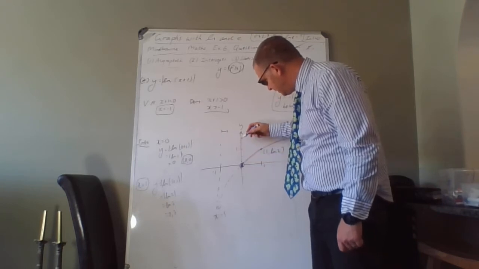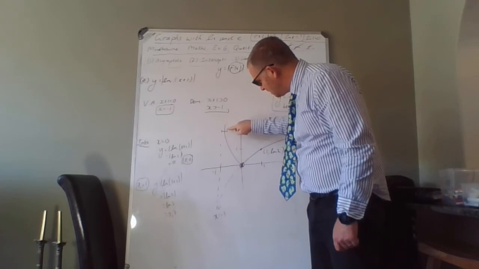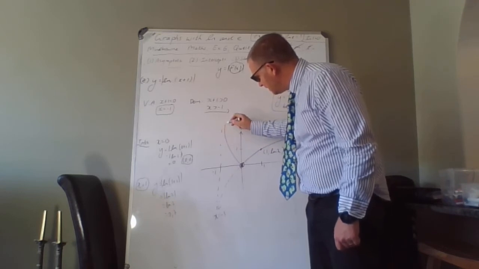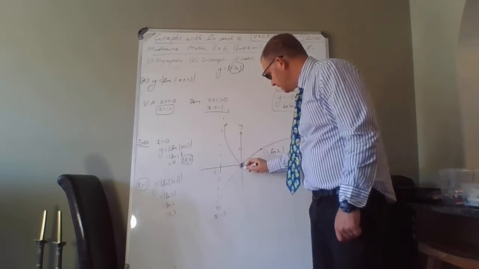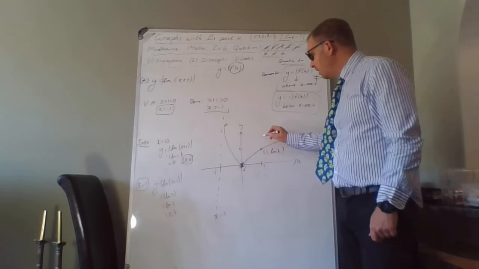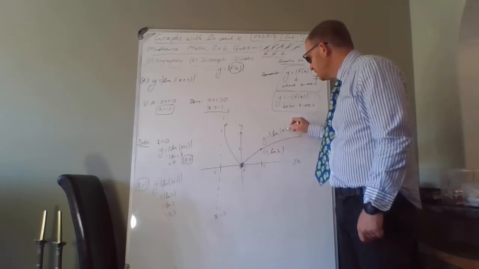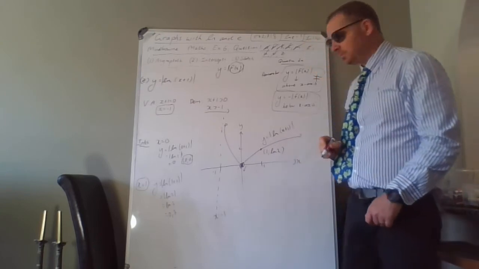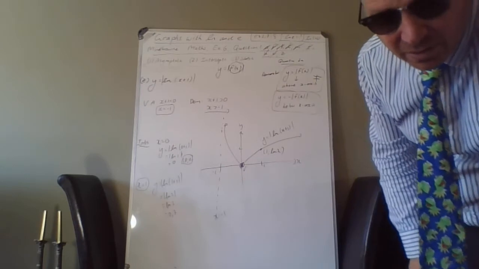You're going to reflect it about the x-axis, and you're going to get a graph that does that, heading towards the vertical asymptote. Okay, and there, you can rub that out then, is the graph of y is equal to the absolute value of ln(x + 1). Okay, just make sure you put that all in.